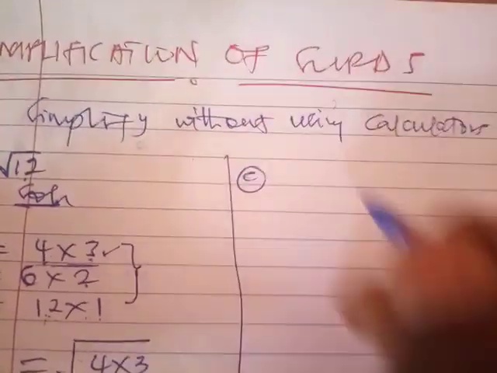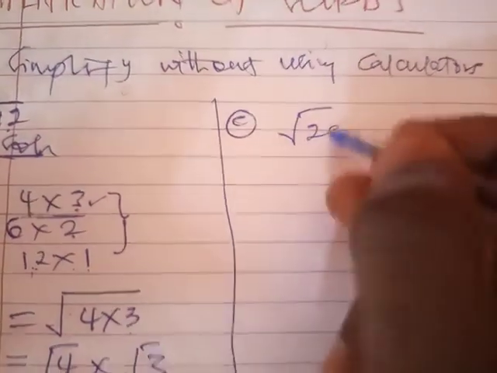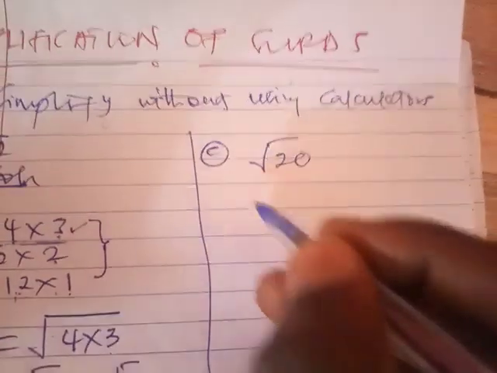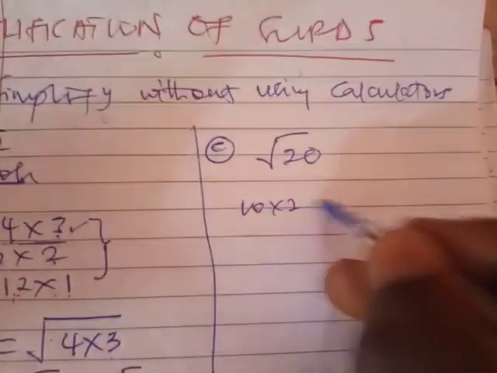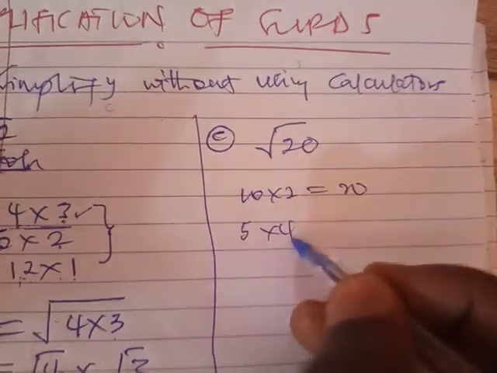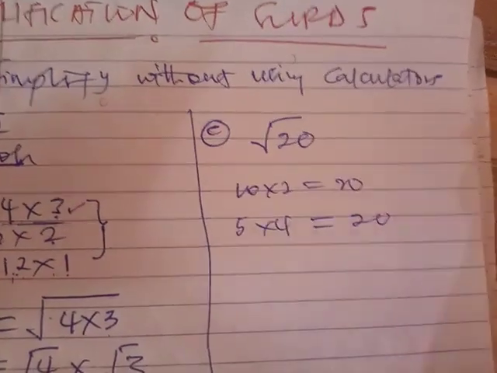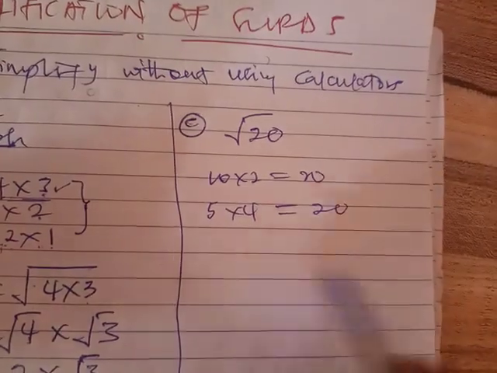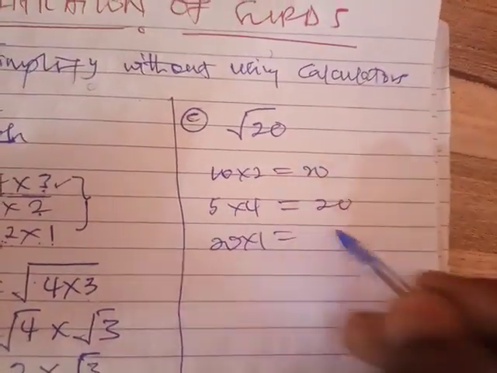Now the next example we are going to consider, let's say root of 20. We want two numbers that when you multiply you get 20, of which one of them is a perfect square. Now 10 times 2 is 20. Again, 5 times 4 is also 20. And again 20 times 1 is also 20.